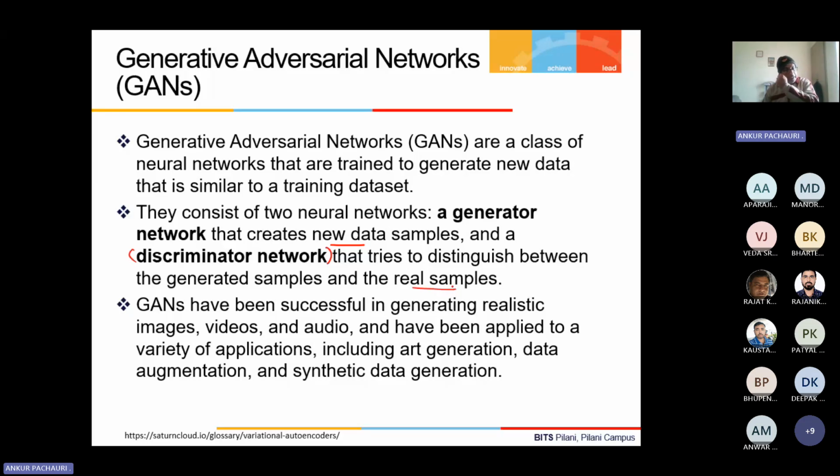So the main activity of the generator network is to generate structures which are more realistic.